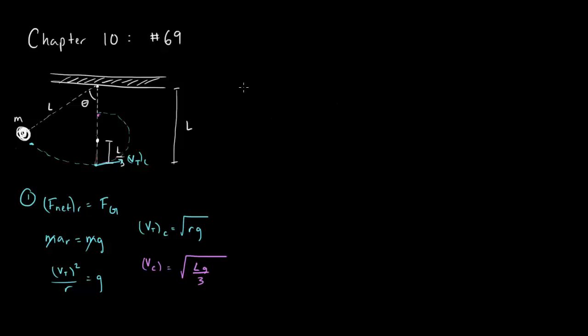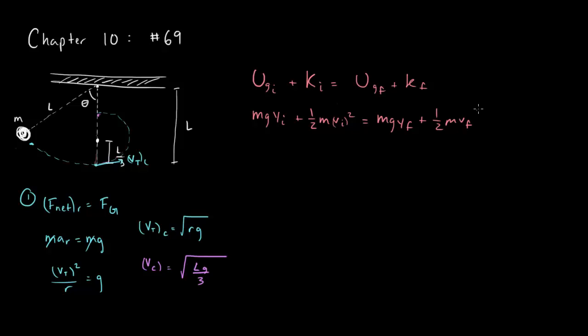So if I have my Ug initial plus kinetic initial equals Ug final plus kinetic final, so I'm going to have mg y initial plus 1/2 mv initial squared equals mg y final plus 1/2 mv final squared.